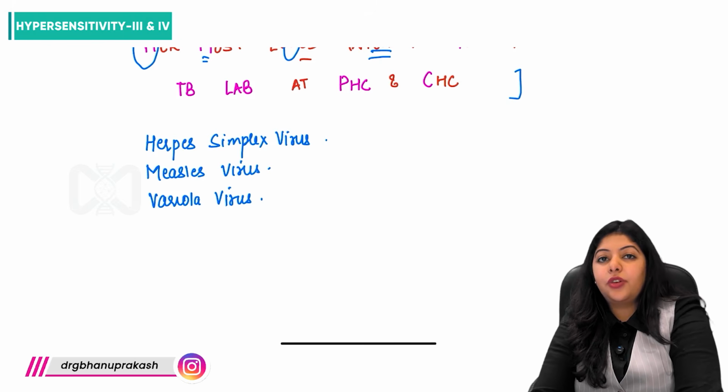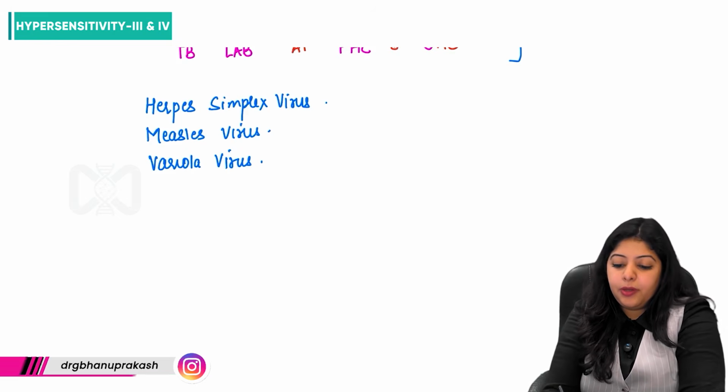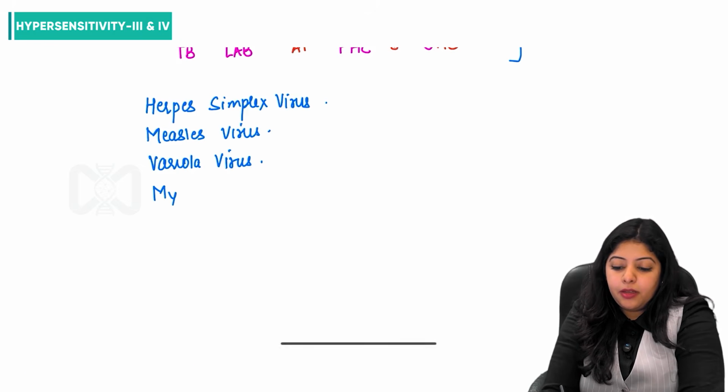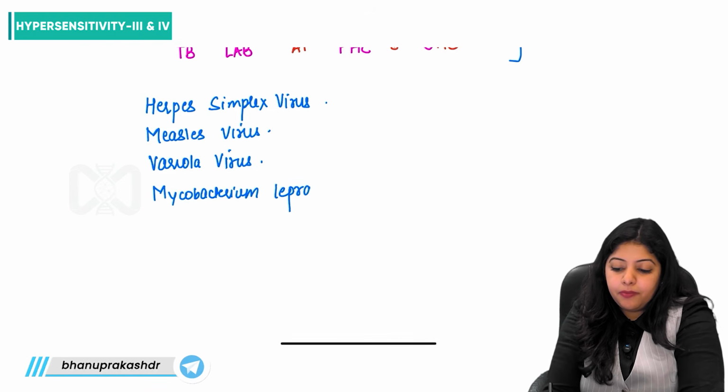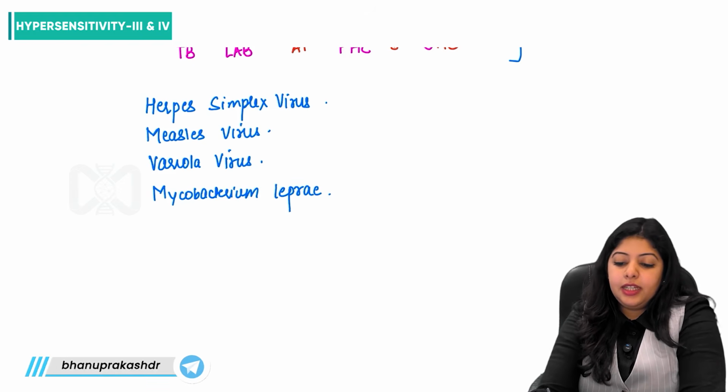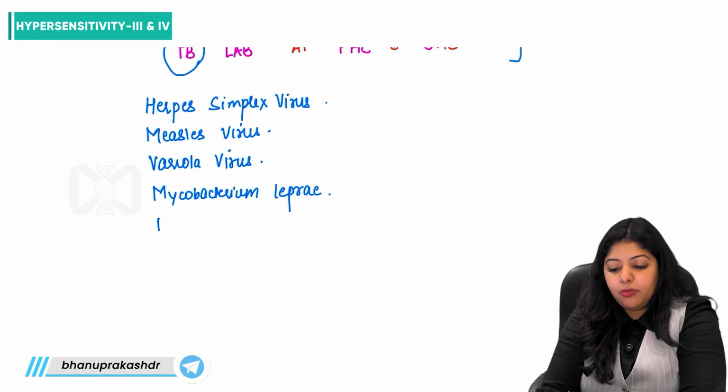Internal stands for intracellular. Then M stands for Mycobacterium leprae, right? TB stands, of course, for Mycobacterium tuberculosis.